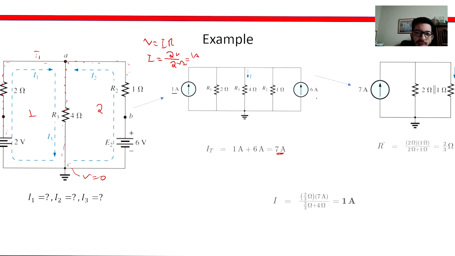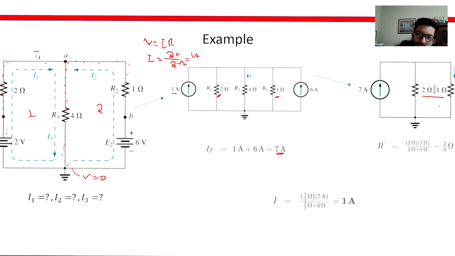So in that case, we have a single current source, which is this guy. And then we can get the parallel resistors of the source, which are 2 and 1. You find the total equivalent resistance of those resistors. We're talking about this resistor and this resistor. And the equivalent resistance of that is 2/3.